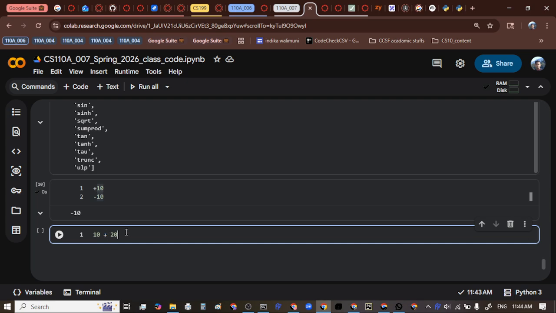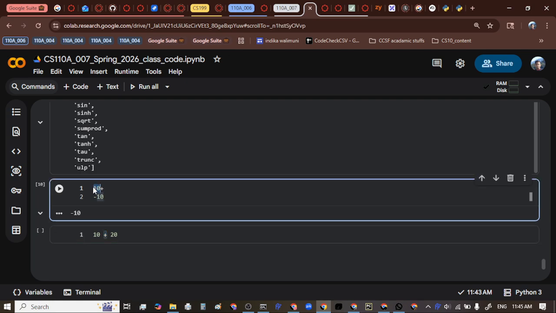So for that reason, this plus here we call a binary operator, because binary means 2. Then what do we call this operation over here? It's 1, so what is the code name for 1? Mono.